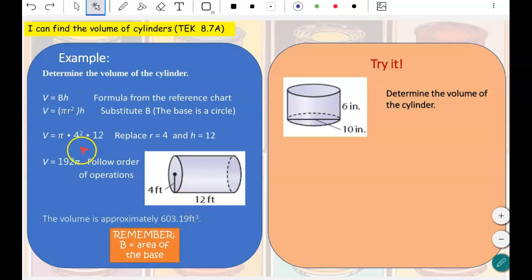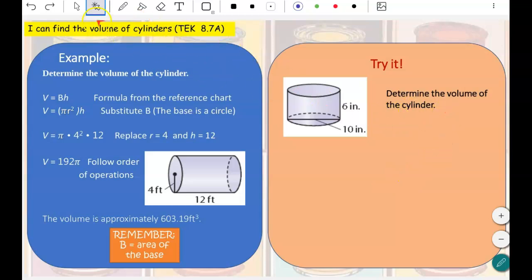So here are the numbers you would put in. 4 squared is 16, and 16 times 12 is 192. And you saw that pi, and then you use the pi key. 192 pi would be like 192 times 3.14, but use the calculator, and it's approximately 603.19.